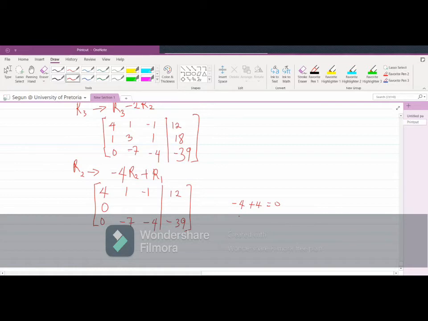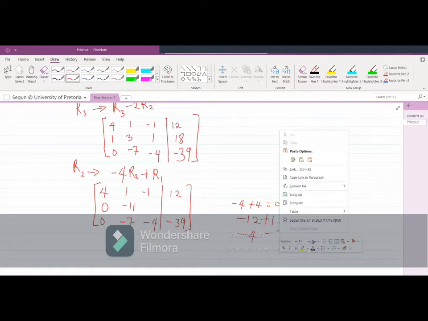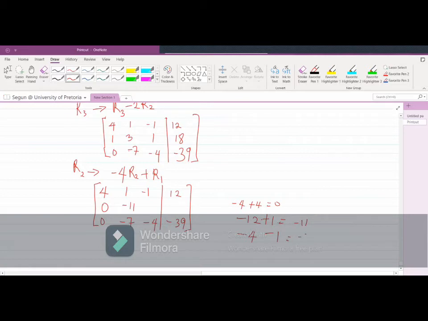The next one will be -12 plus 1, which is -11. So the next one will be 4 minus 4 minus what, please? 1 minus 5.